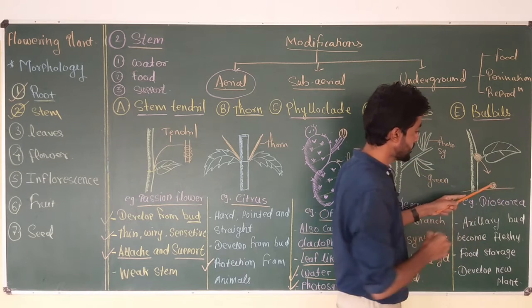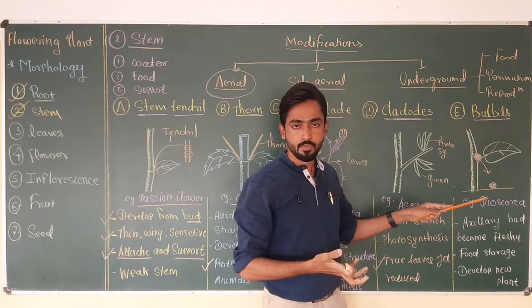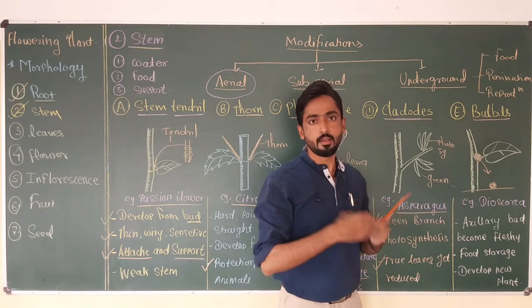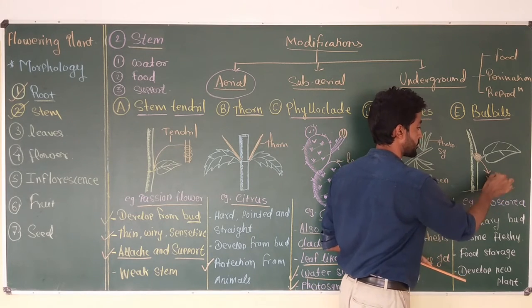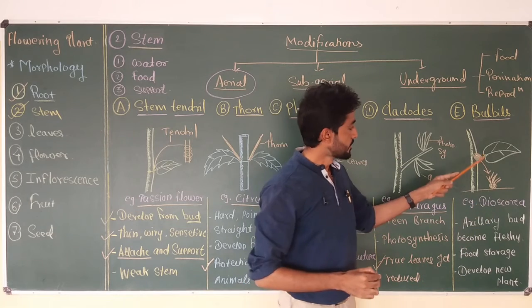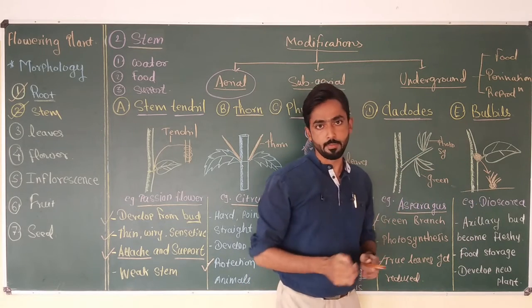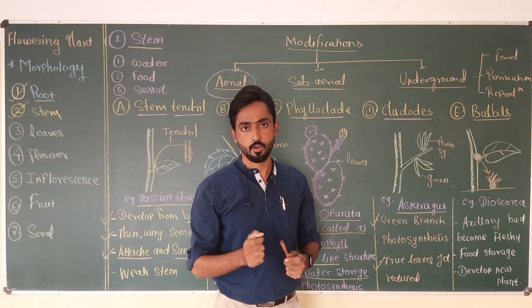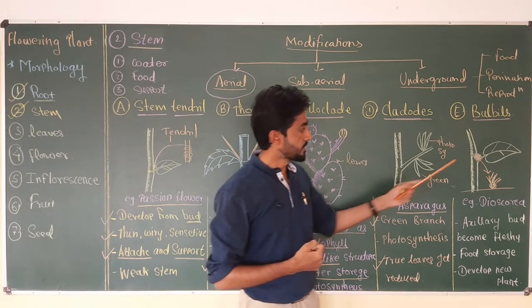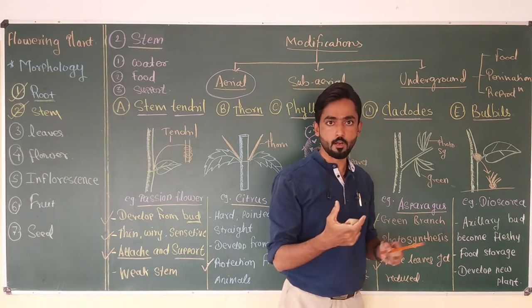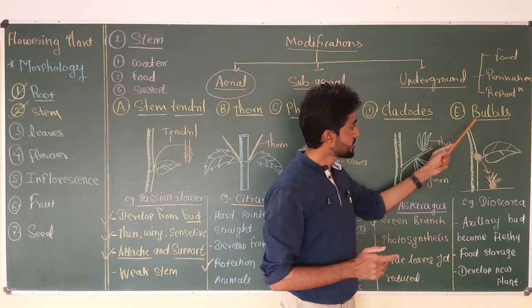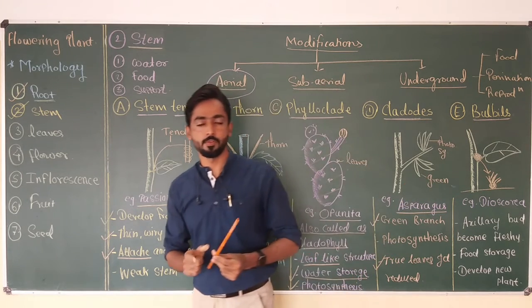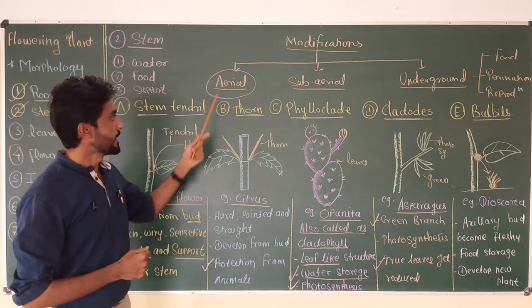Once it is on the ground, the bud develops and a new plant is produced. That means this type of modification helps in vegetative propagation or reproduction in the plant, and the main function also carried out by the bulbil is food storage. So this is the last type of stem modification which comes under the aerial class.